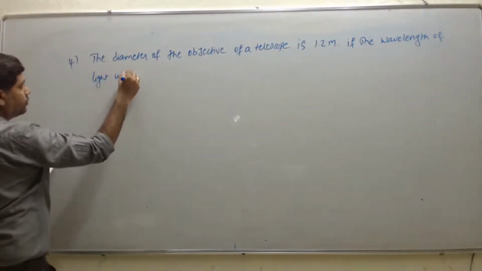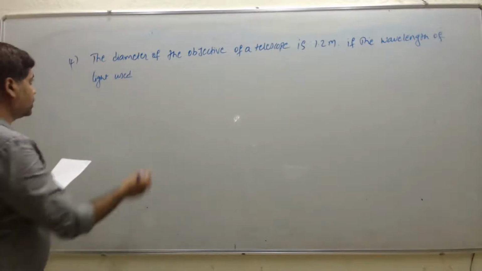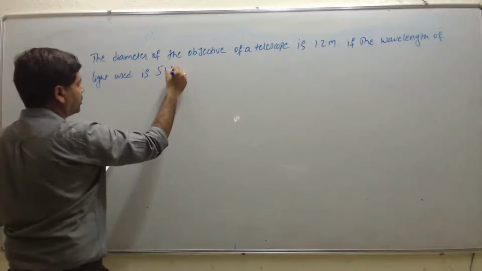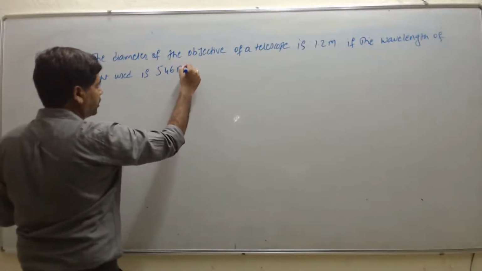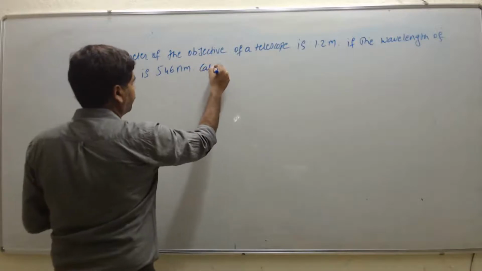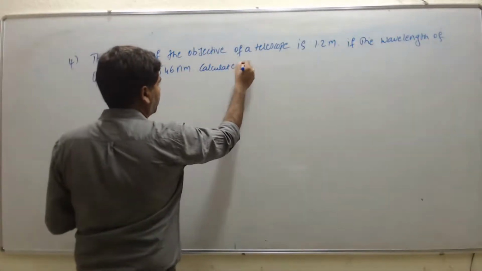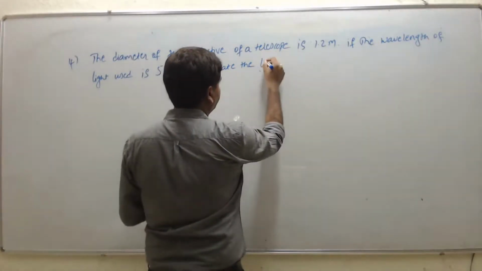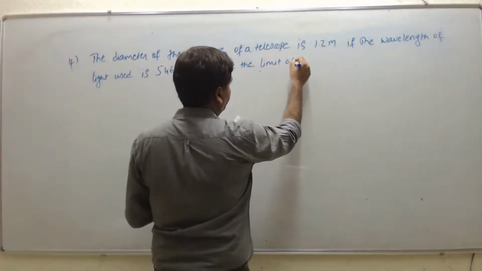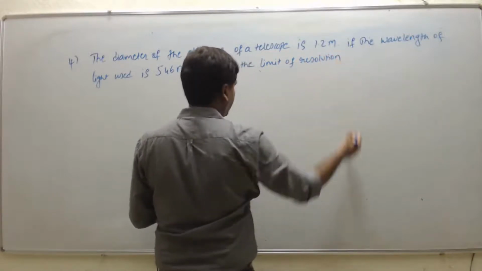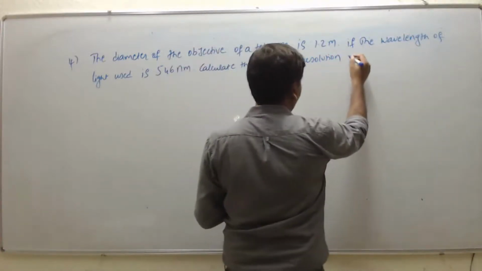If the wavelength of the light used is 546 nanometer, calculate the limit of resolution of the telescope.